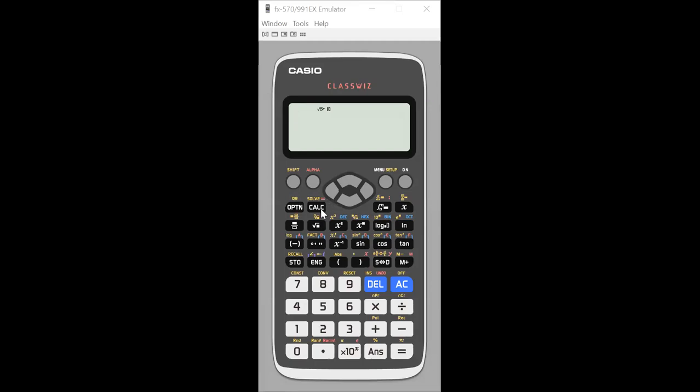Can you see it? In the third row, where you have x inverse, sine, cos, tan, if you see above it, you will see variables A, B, C, D, E, F, and on the line below that, you will see X, Y, and M. These are variables, and you can use these variables in calculators for doing a lot of things.